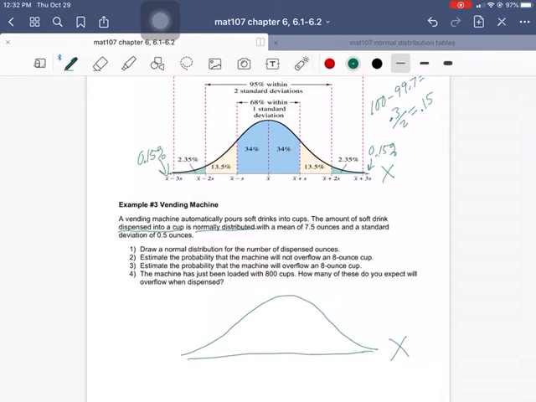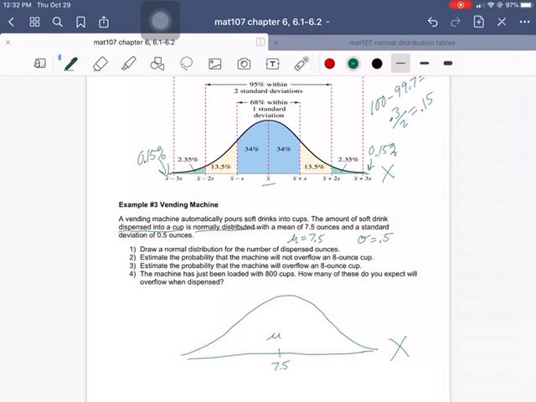It says it's normally distributed with a mean of 7.5 ounces, and it doesn't say it's a sample. It says this machine does this, so that should be all, right? So that means this is a mu of 7.5 and a standard deviation or sigma of 0.5.